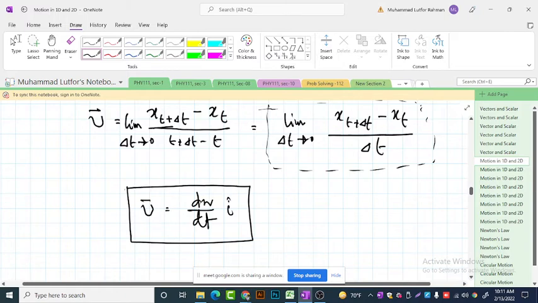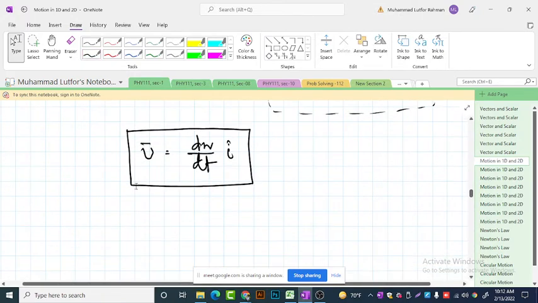So if you know the position function of a particle or a system and you take the derivative of that position function with respect to time, it will give you the instantaneous velocity of that particle. You can find that instantaneous velocity at any moment you want, just by plugging in your desired time. So if you just know the position function, then taking the first time derivative with respect to time gives you the instantaneous velocity of that particle.